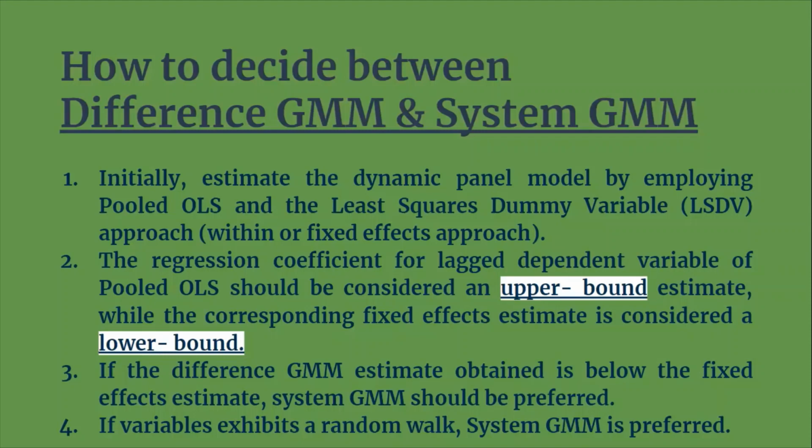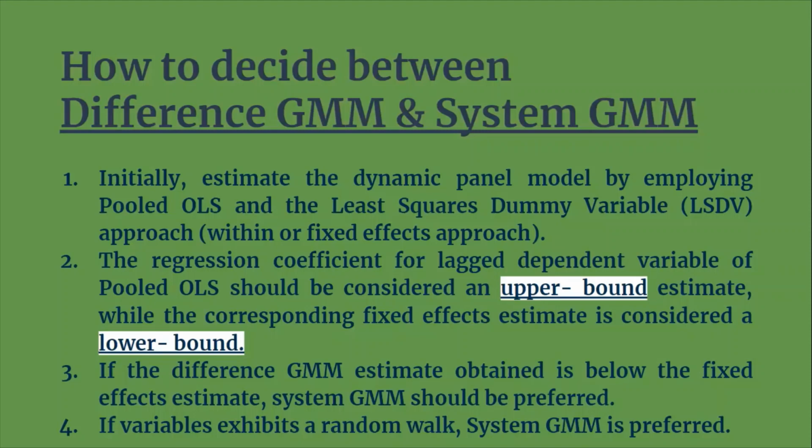So now you have two values for the same regression coefficient, right? One is obtained by pooled OLS and the other one is obtained from fixed effects. The regression coefficient for the lagged dependent variable from pooled OLS should be considered an upper bound estimate, while the corresponding fixed effects estimate is considered a lower bound.